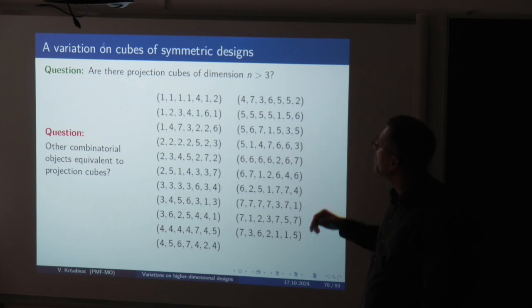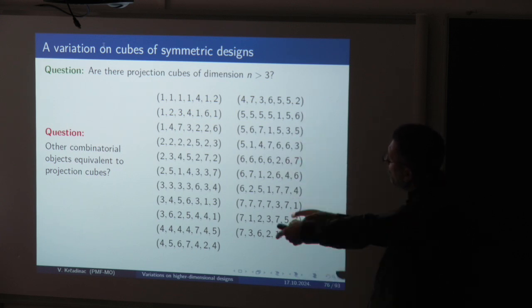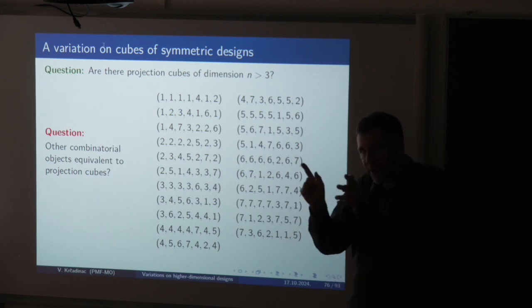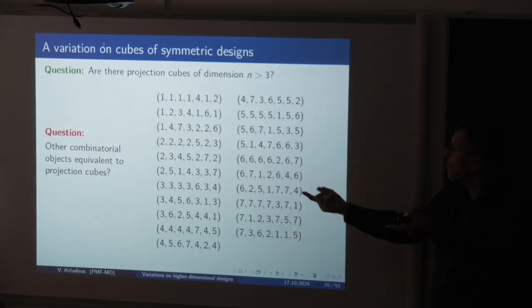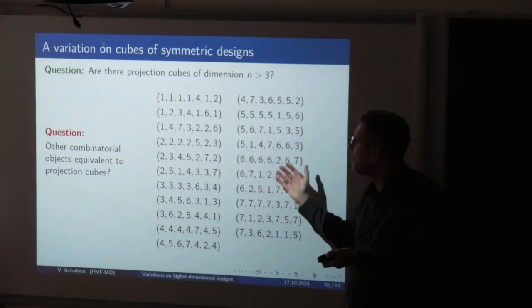The symbols are from 1 to V. But there is another condition it has to satisfy. If you take any two columns and look at these pairs, they have to be incidences of a symmetric design. Are there other combinatorial objects you can model this with, or equivalent to this?